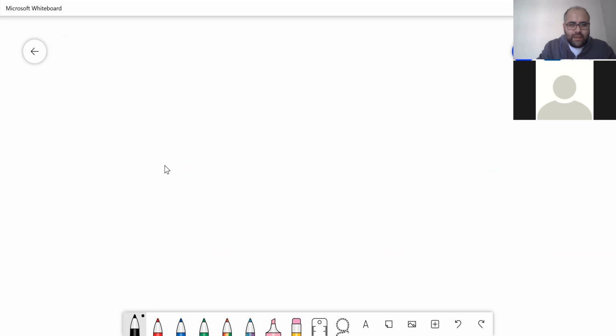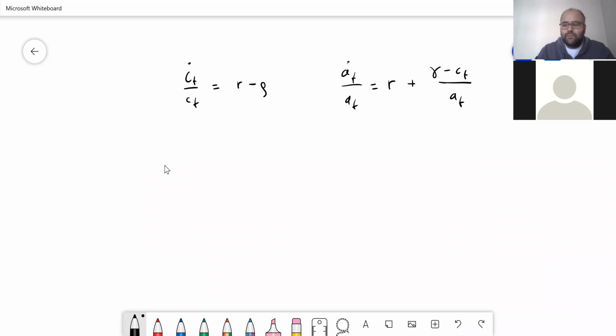So we are looking for something like this. The growth rate of consumption is now fixed. It is r minus rho. And I have the growth rate of the wealth stock. Now be careful. This is r plus gamma minus CT divided by AT. Now what does it tell you?